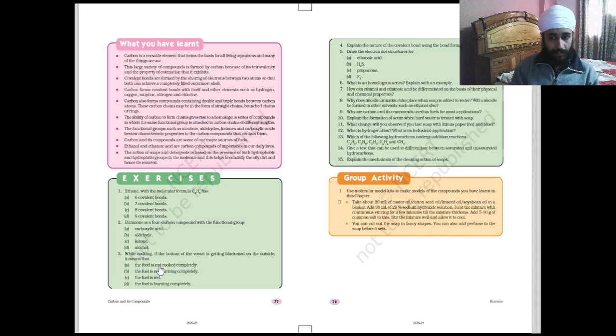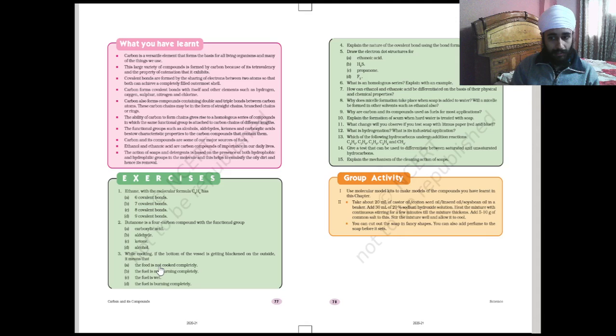In the previous chapter, I told you that ethanol is also used as fuel in some countries, as an alternative fuel. Now we have discussed ethanol and ethanoic acid and their daily uses in our life, and the action of soaps and detergents.